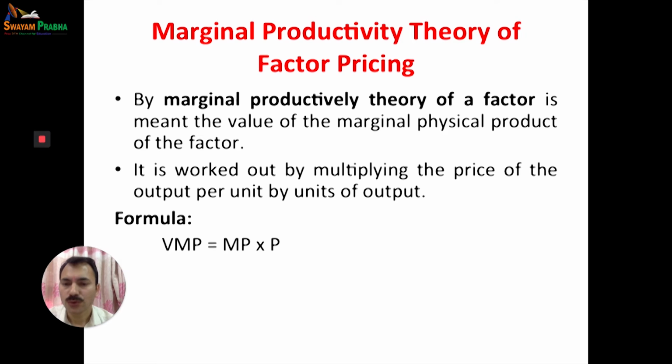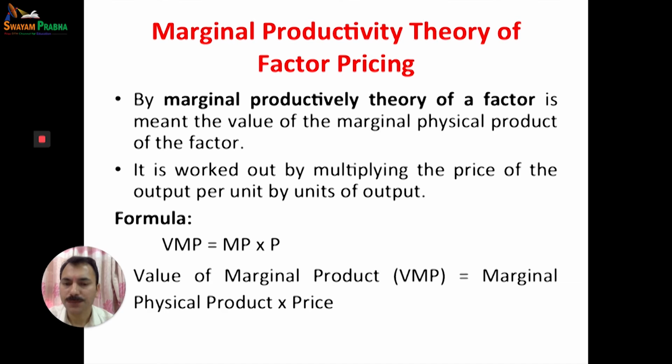Say the value of marginal product, VMP, is equal to MP, marginal physical product, multiplied by its price. So we can calculate marginal productivity through the value of marginal product, which is equal to marginal product multiplied by the price of that product.